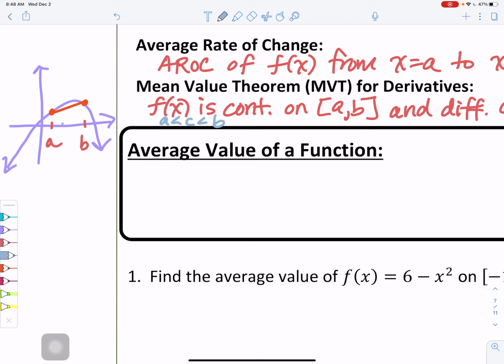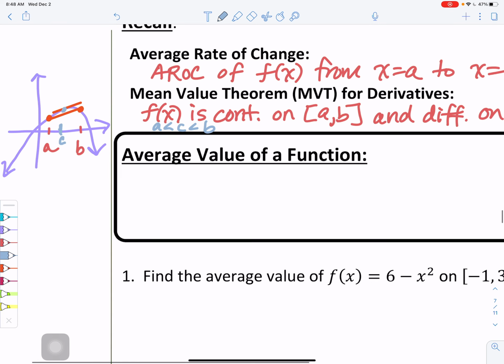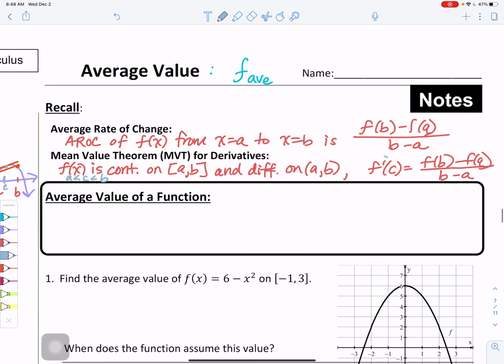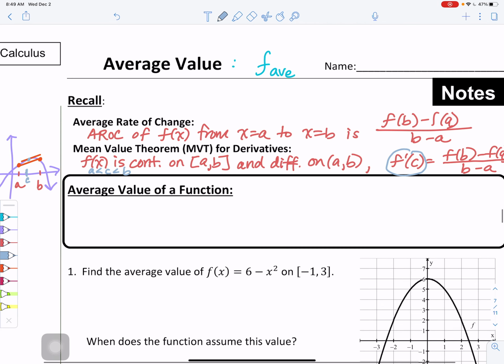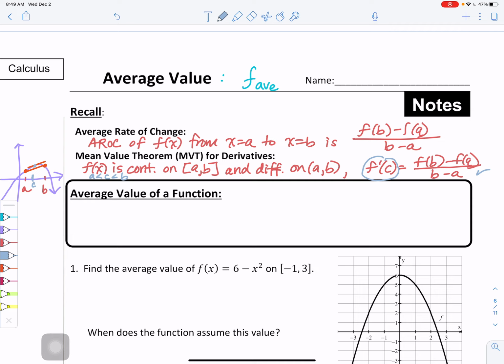The mean value theorem says there's some point c in that interval, maybe about right there, where the slope of the tangent line at c is equal to the slope of the line that connects the endpoints.